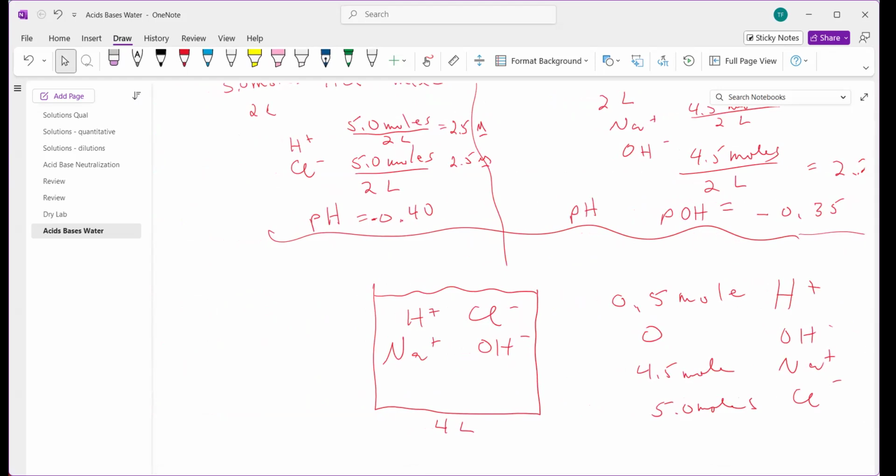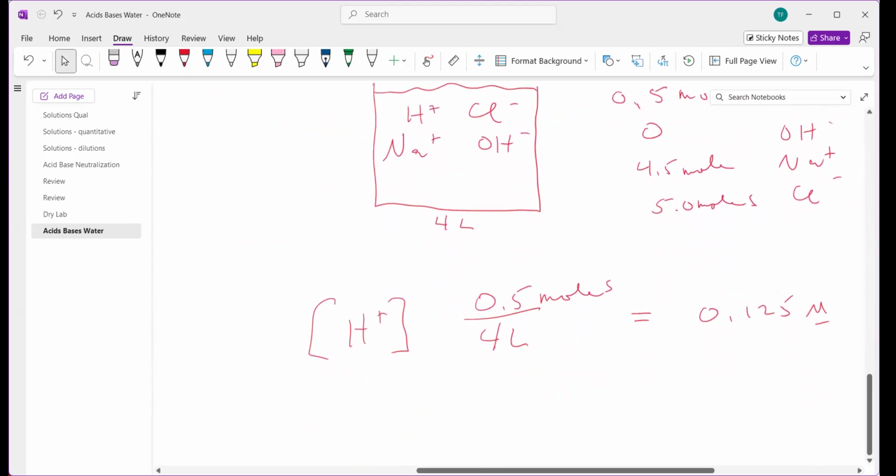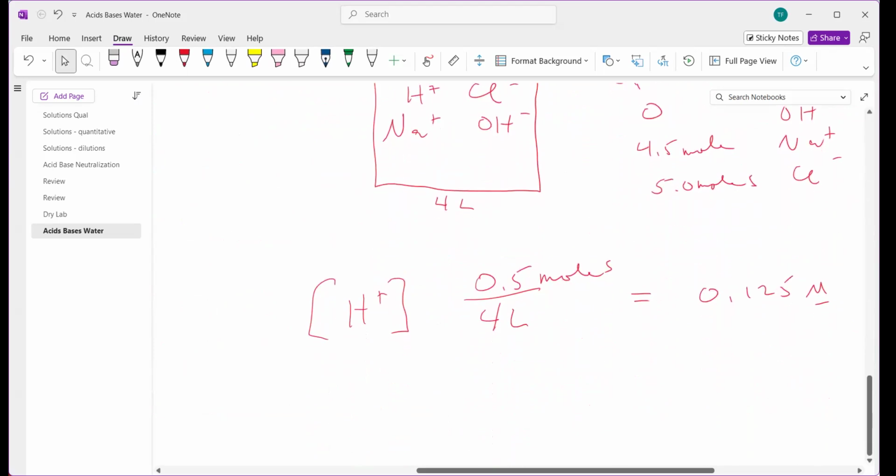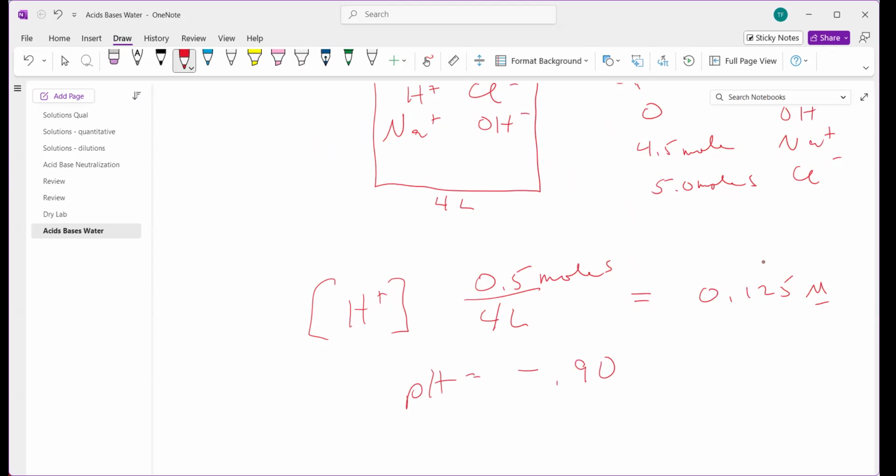Let's see now what the new pH is after we mix these together. Still pretty acidic.